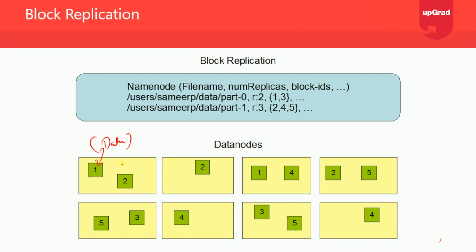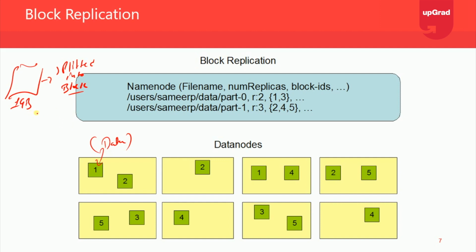Now here, if we have any file, let's say a file of size 1 GB, this file will be split into blocks. Now this happens when we try to push any data into the cluster or into the data nodes.